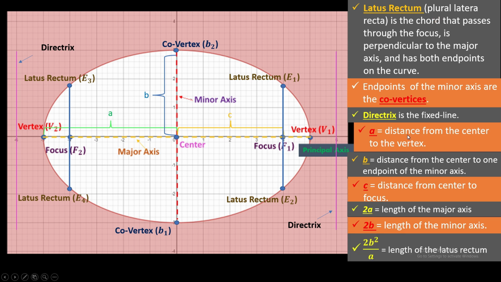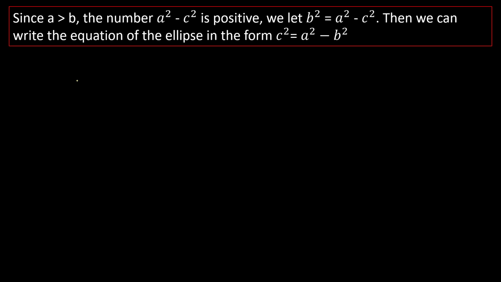So next naman, para makuha naman natin yung length ng ating latus rectum, we use the formula 2B square over A. So since A is greater than B, saan ba natin nakuha itong concept na to that A is greater than B? Diba yung A natin, that's the distance from the center to the vertex. And then, yung ating B naman is the distance from the center to the one endpoint of our covertex.